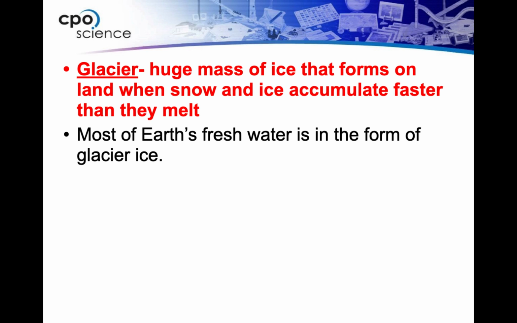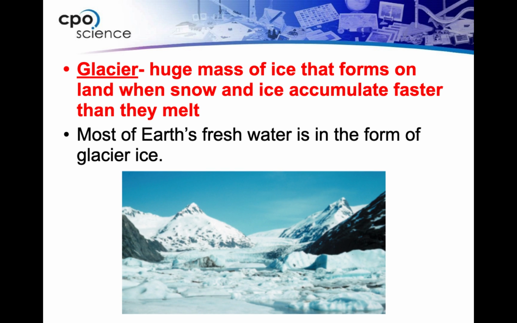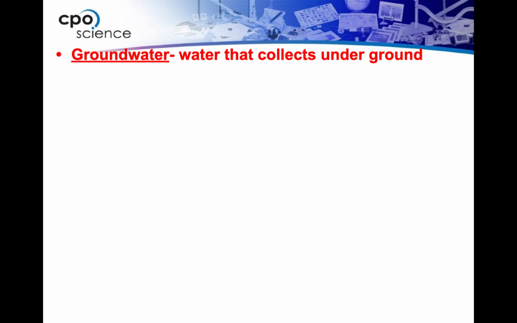Most of Earth's fresh water is actually in the form of glacier ice. Glaciers are really cool. They play a really important role in the state of Minnesota, especially. We have had different periods of glaciation, and they have had a huge impact on shaping the surface of Minnesota and what our landscape looks like.